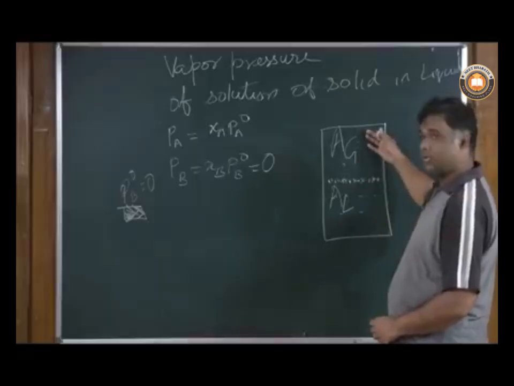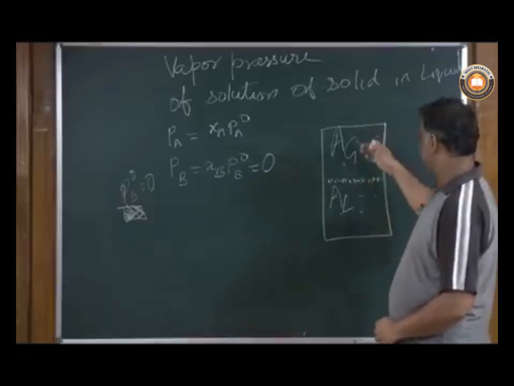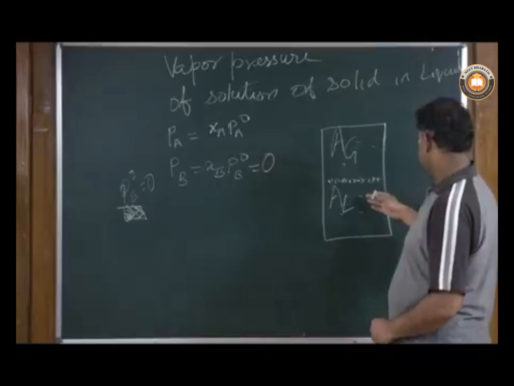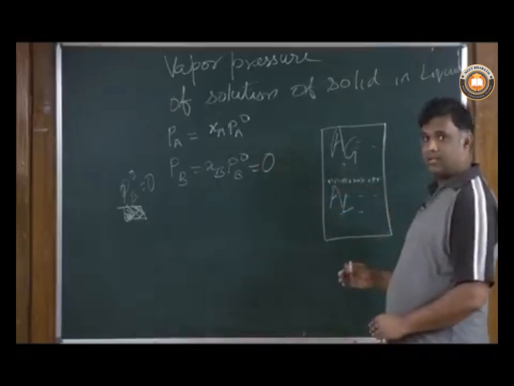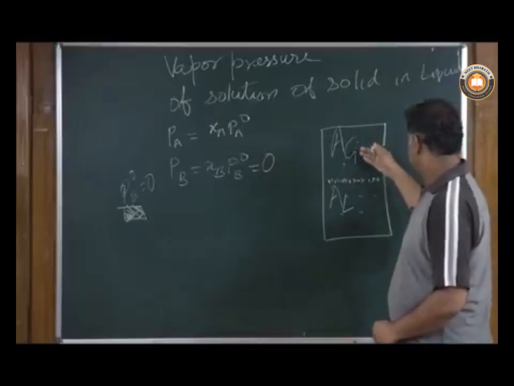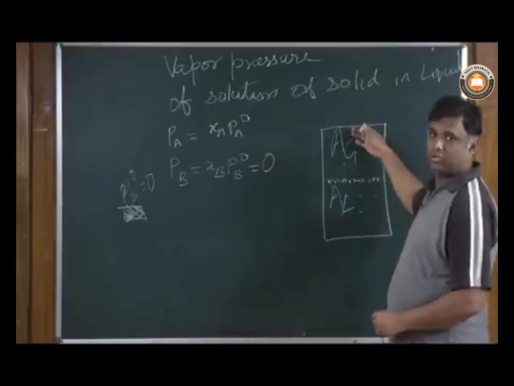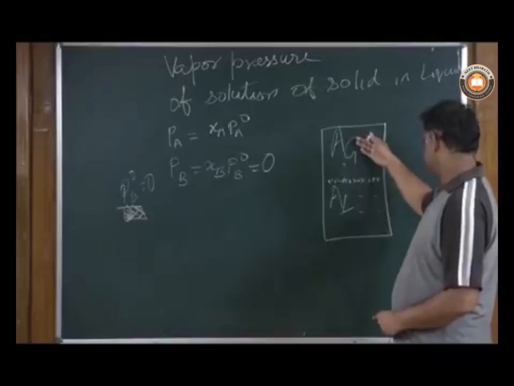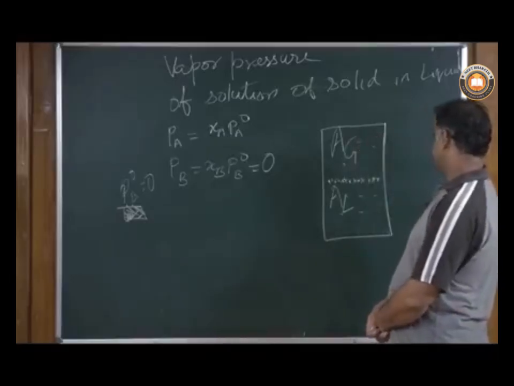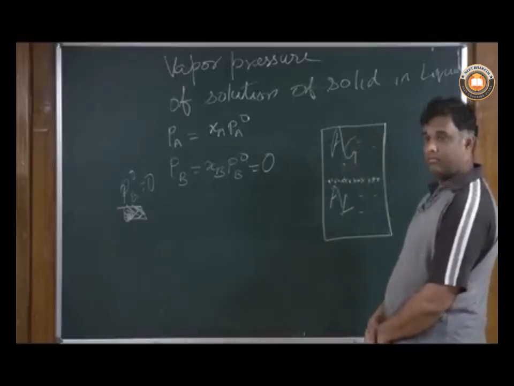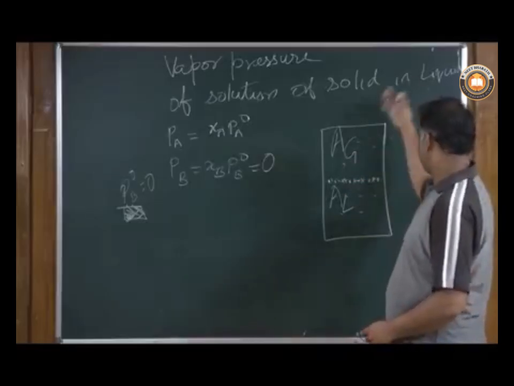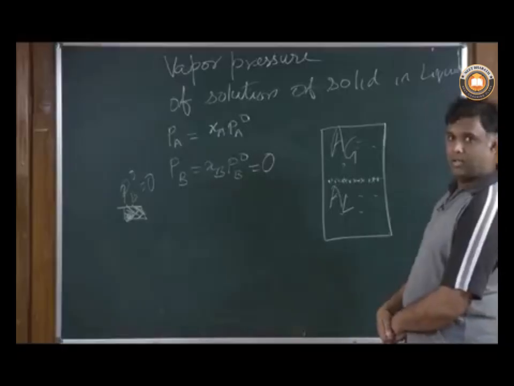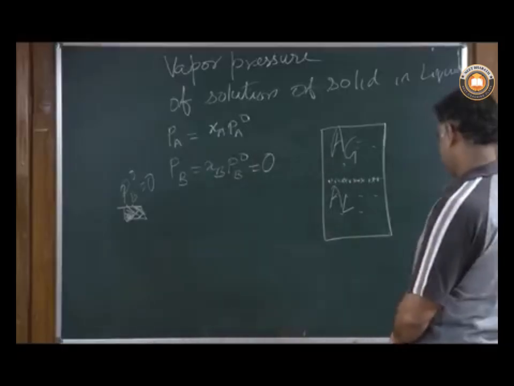So, the evaporation has decreased. The moment we have added the solute, the concentration of solvent molecules at the surface has decreased, but the partial pressure of A has not changed. So, it is going to strike at the same rate. So, the evaporation rate has decreased, but the condensation rate has not changed.